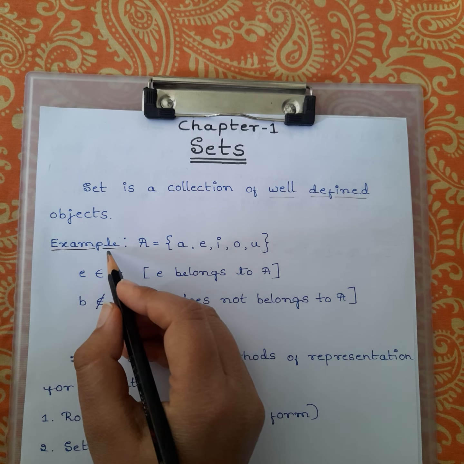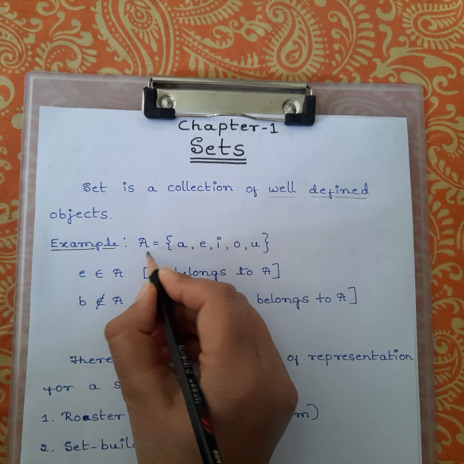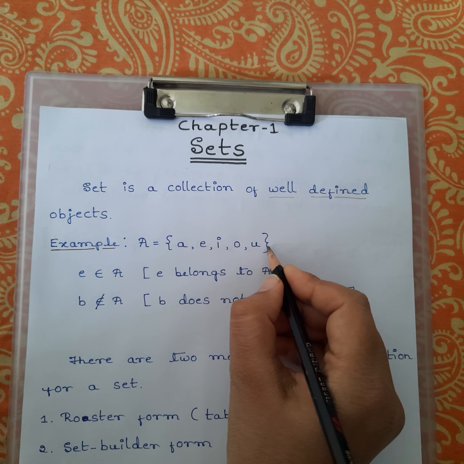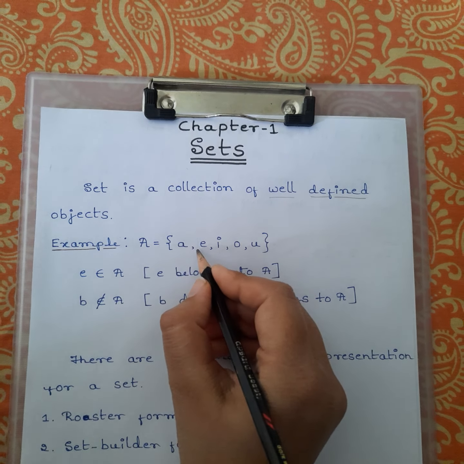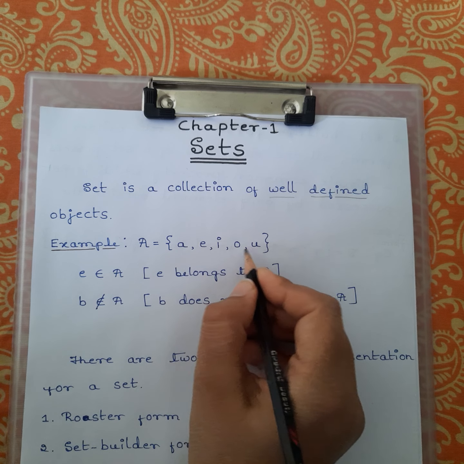For example, let us take set A is equal to the set of all A, E, I, O, U. We know that sets are represented by capital letters and the elements of the sets are denoted by small letters.